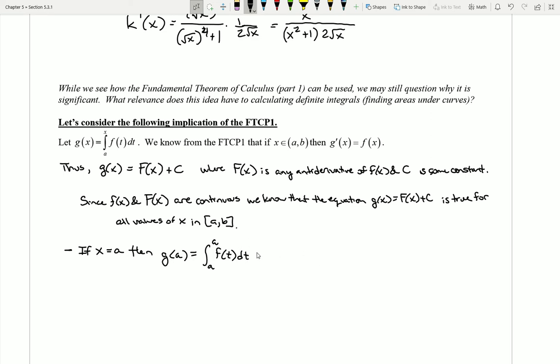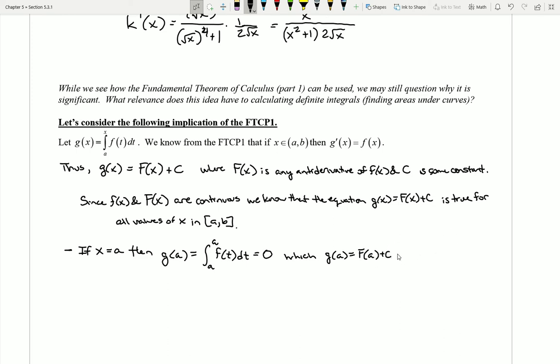And of course, I know by my integration properties that this is just going to be 0. I've grabbed no area underneath f of t. But now, wait a minute. This is the answer that I got for this representation of g, but then I should get the same answer when I plug a into my other representation, which of course would look like this.